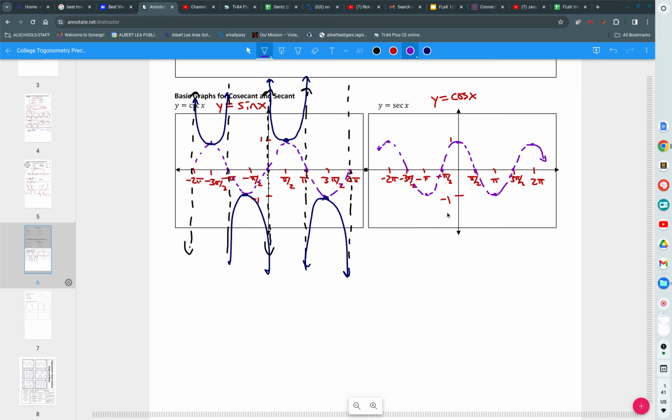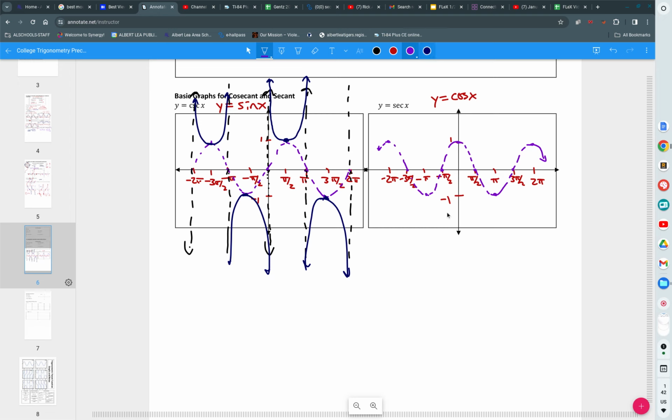That's why it starts up at 1. So again, how do you know that the terminal point is 1, 0? For an angle of 0, the terminal point right over here is 1, 0, right? See what I'm saying? So that's why cosine starts up at 1.